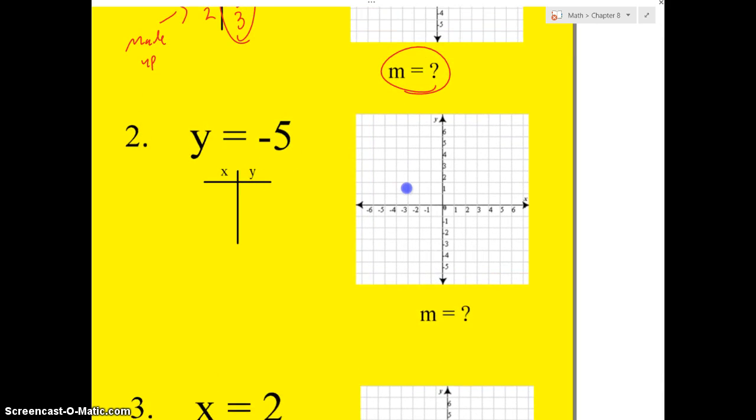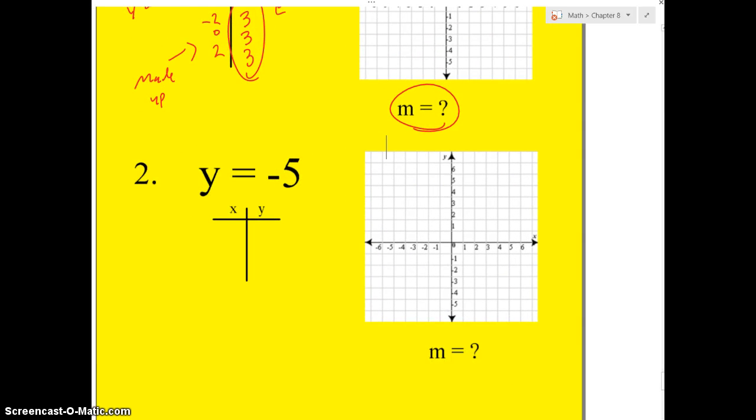This equation says y equals negative 5. So again, I'm going to put negative 5 for all the y values, and I'm going to choose some random x values. I'll choose negative 2, 0, and 2. So negative 2, negative 5; 0, negative 5; 2, negative 5.